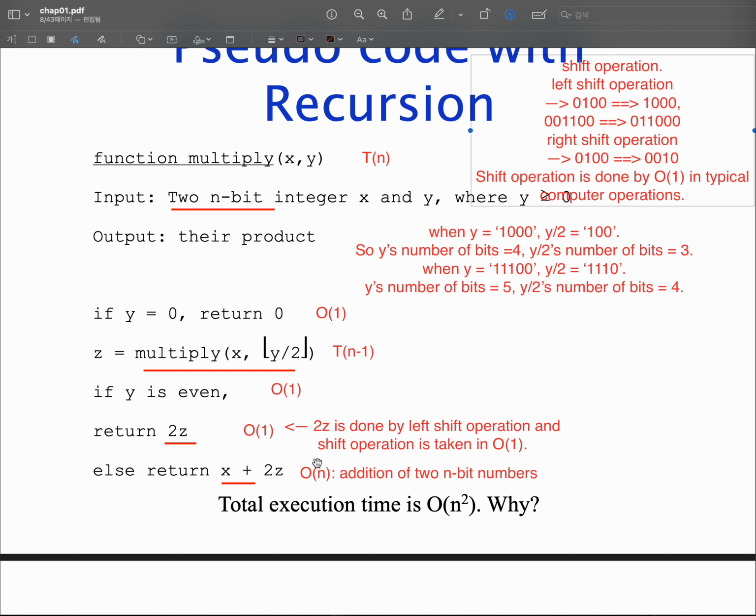So total action time will be, if we add all together, then this equation can be written like this, okay? Tn equals T(n-1) plus big O of n, okay? So by using the recurrence relation, you can calculate the result: total action time will be big O of n square, okay?